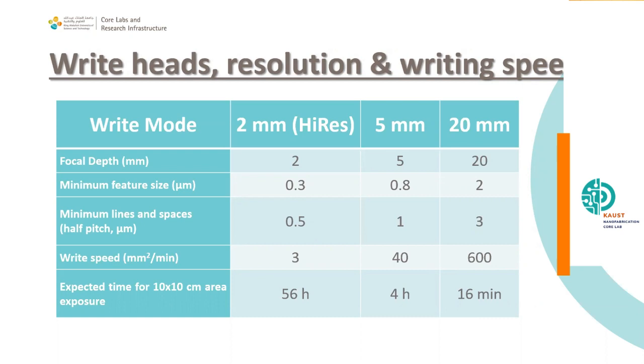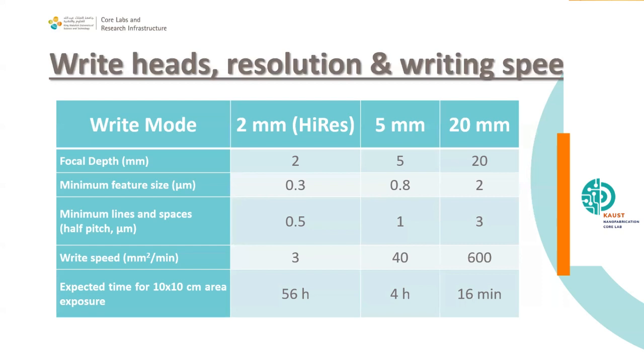When we are talking about minimum feature size, we are talking about the size, but not, for example, lines and spaces, because the space between the lines is going to be bigger than the line size. You can see it after this, where the minimum lines and spaces are written. So this is the space between the lines.